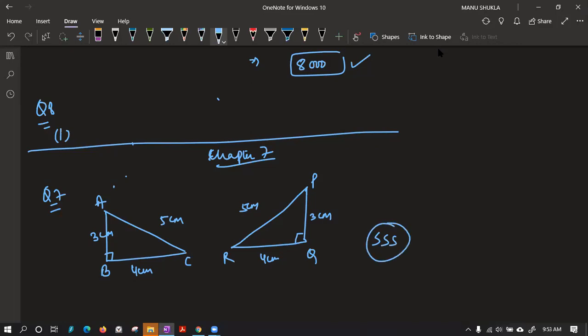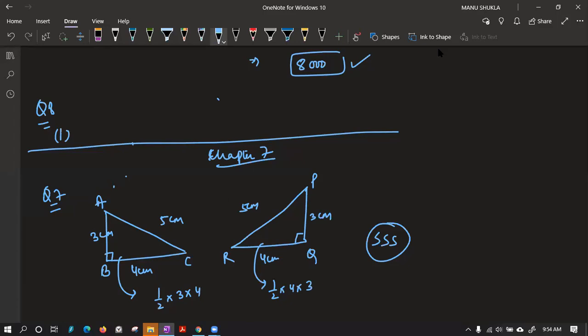And apart from that, you have equal area because here the area is half into base into height. Here also it is half into base into height, and the areas are same. Mokshita, I think you are able to understand the first part now. They have equal areas and they are congruent.